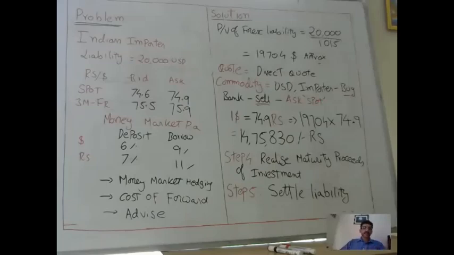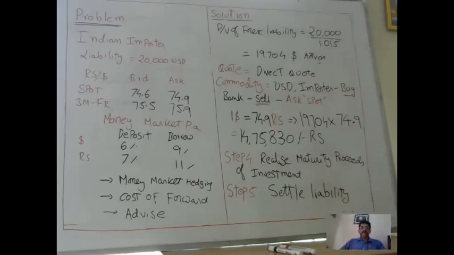Now what is your ask rate there? 1 USD is equal to 74.9 rupees. Then ultimately, how many dollars are you having? You are having 19,704. You want to buy 19,704 USD. For buying this 19,704 USD, you have to give some sort of consideration.